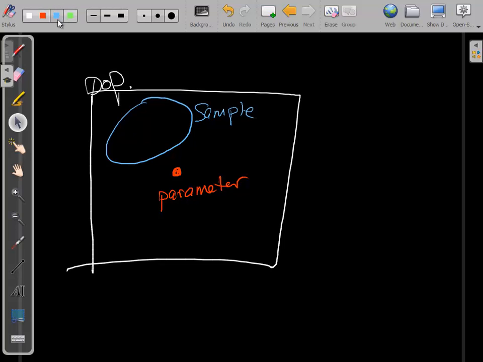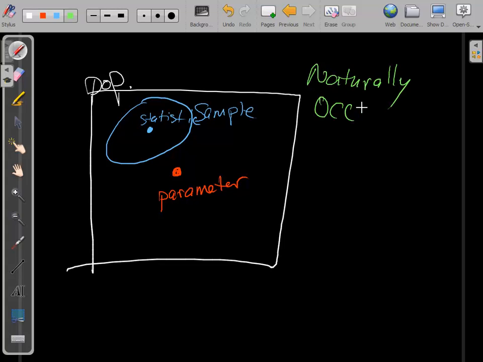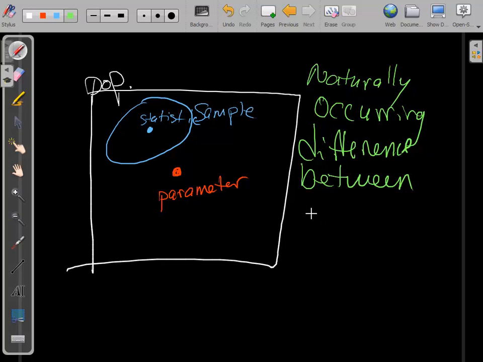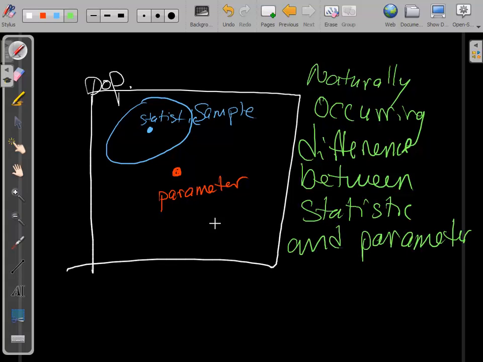And so when we have this sample, the sample has a statistic, which is the average age of the units in the sample, and notice that the statistic differs from the parameter. Okay, so that naturally occurring difference between the statistic and parameter is known as the sampling error.